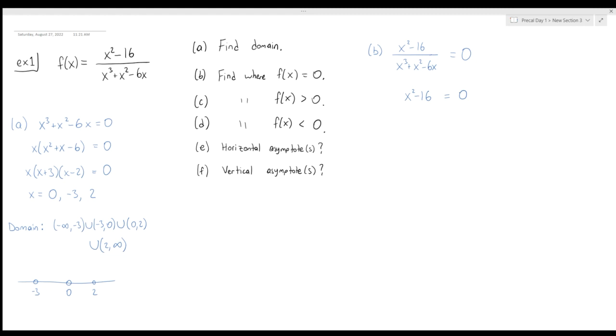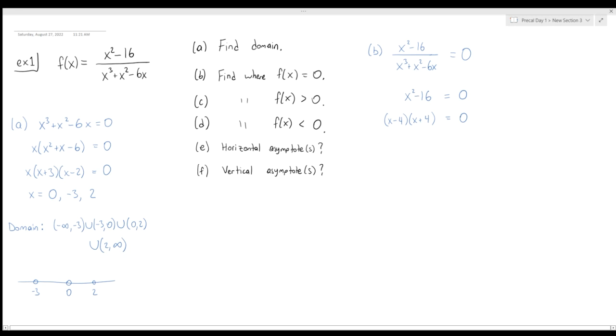So in other words, to find where the function is 0, we really only need to look at the numerator. The denominator doesn't play that much of a role on that part, okay? So then x squared minus 16, that's a difference of squares, so we can factor that as product of conjugates, x minus 4 times x plus 4.